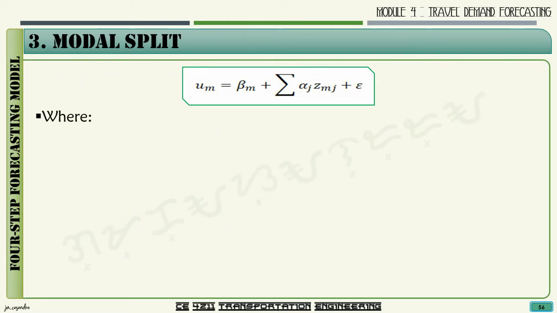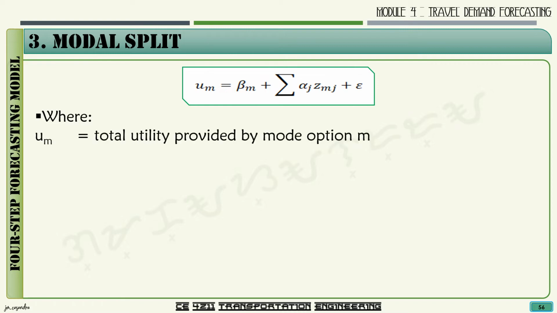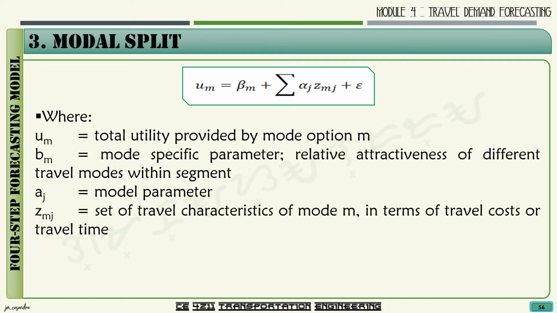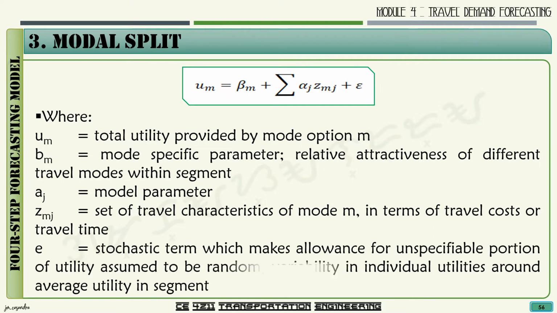For the equation given, U sub m is our total utility provided by the mode of transportation or the option choice, which is m. Then we have beta sub m, which is the mode-specific parameter, the relative attractiveness of different travel modes within a segment. Alpha j is our model parameter. z sub mj is the set of travel characteristics of mode m in terms of travel cost or travel time.